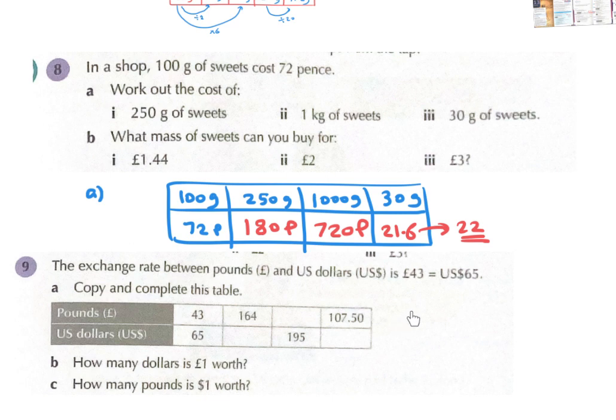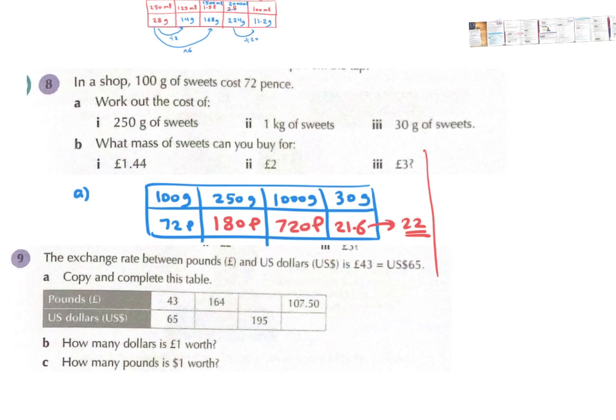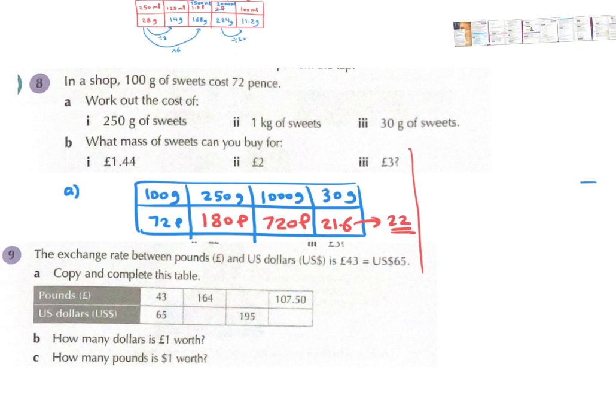Now for B, because you cannot pay 0.6 pence, it doesn't work, so you pay 22 pence. Okay.